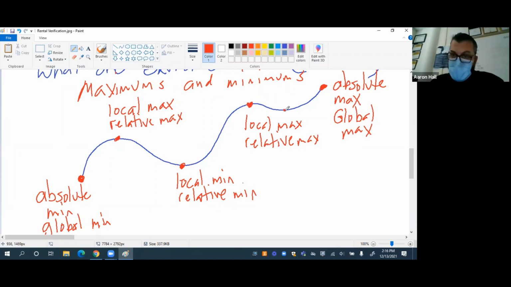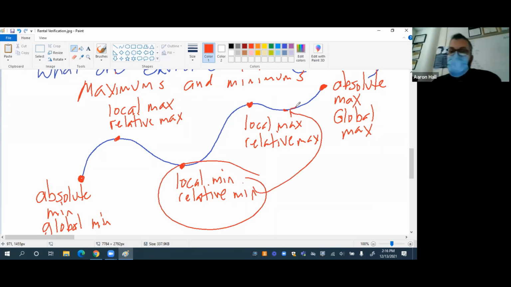When we're talking about a local max or a local min, we're talking about it's a max or a min based upon the points that are around it. And based upon the points around this point, it is the lowest point of those local points. So in this case, we have another local min or a relative min.